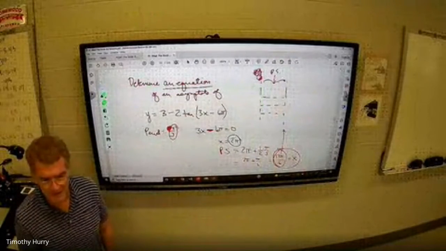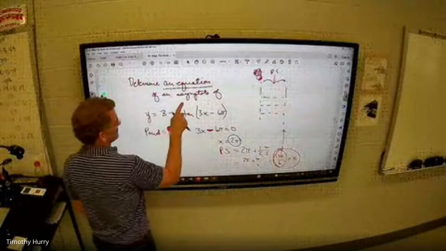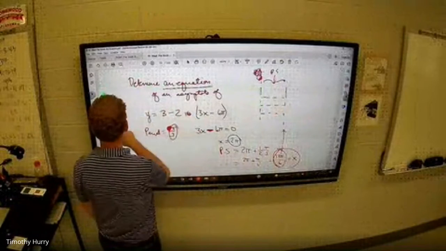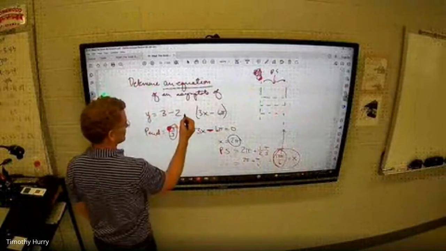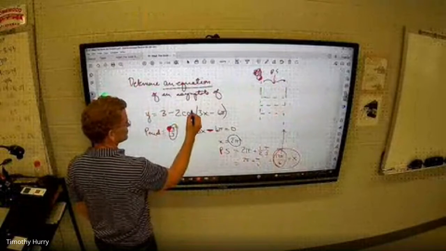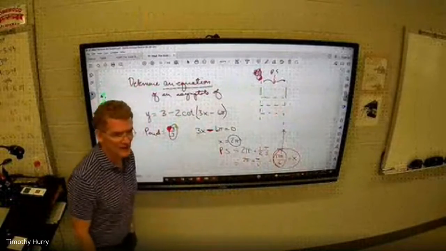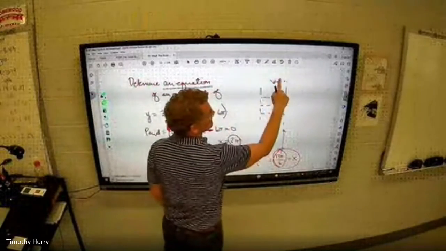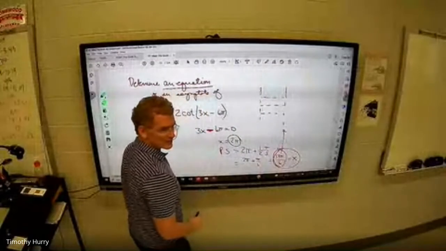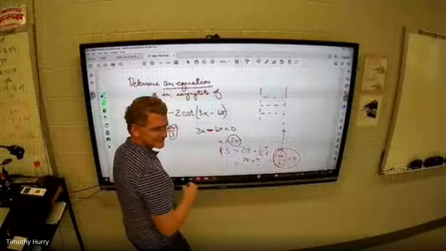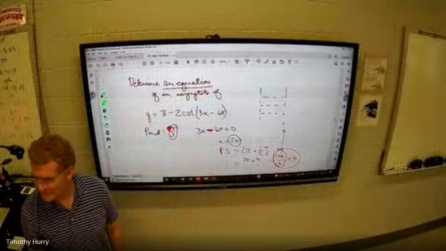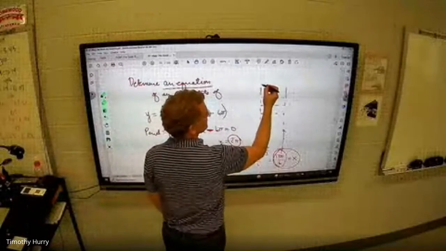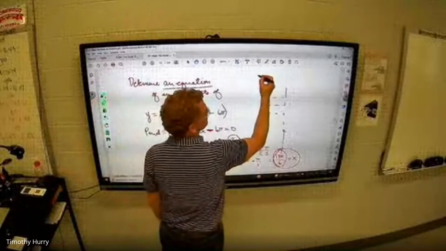Does that make sense? Now, if I change this to cotangent, that's a cotangent graph. Then that is the phase shift.